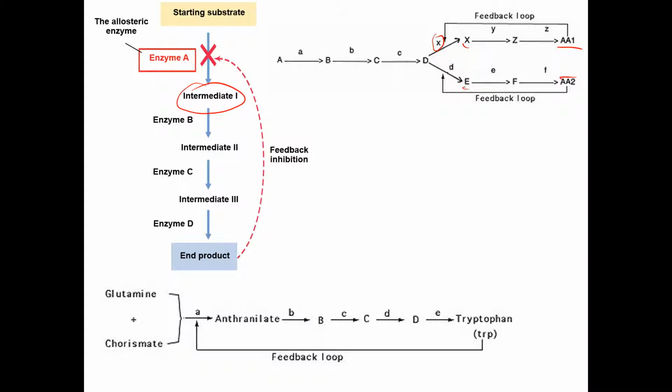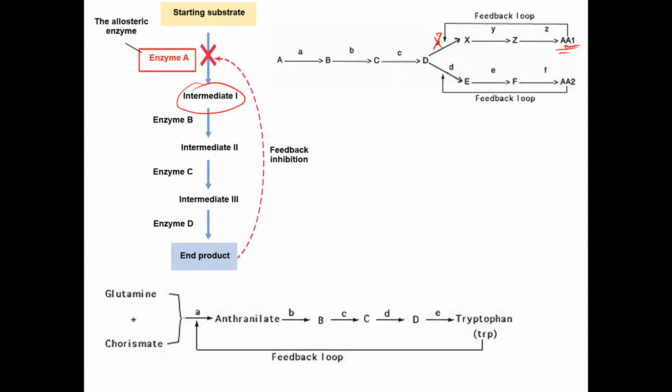Now, what if, for instance, the cell produced an excess amount of AA1? And let's say that it targets enzyme X and inactivates it.